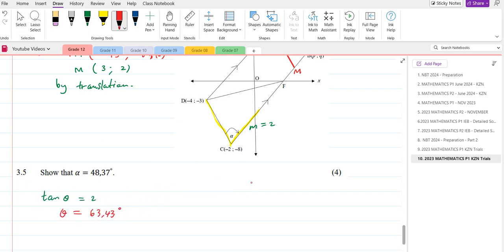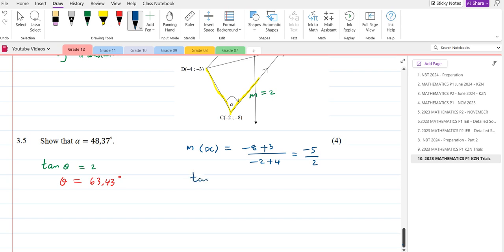So the gradient of DC is equal to y2 minus y1, minus 8 plus 3, over x2 minus x1, minus 2 minus minus 4, plus 4. So I should get a negative gradient because it's downward sloping. So I've got minus 5 over 2.